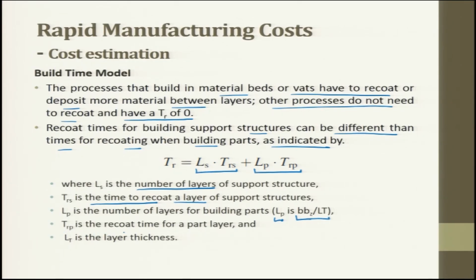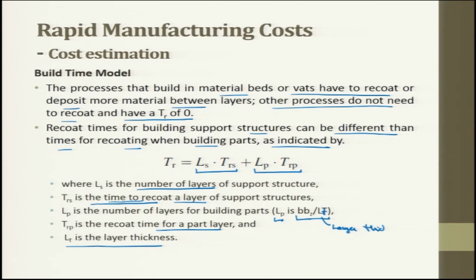TRP is the recoat time for a part layer. Essentially, LT is the layer thickness, small t, as mentioned here.